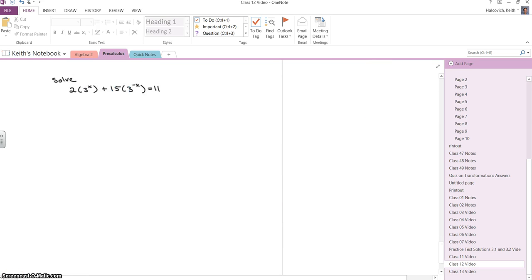All right, last but not least, we have this exponential equation. It's 2 to the 3 to the x plus, now the negative means it can go to the bottom of a fraction to be positive, like that. Now, remember we want to get rid of fractions, so we're going to multiply each term by 3 to the x to get rid of the fraction.